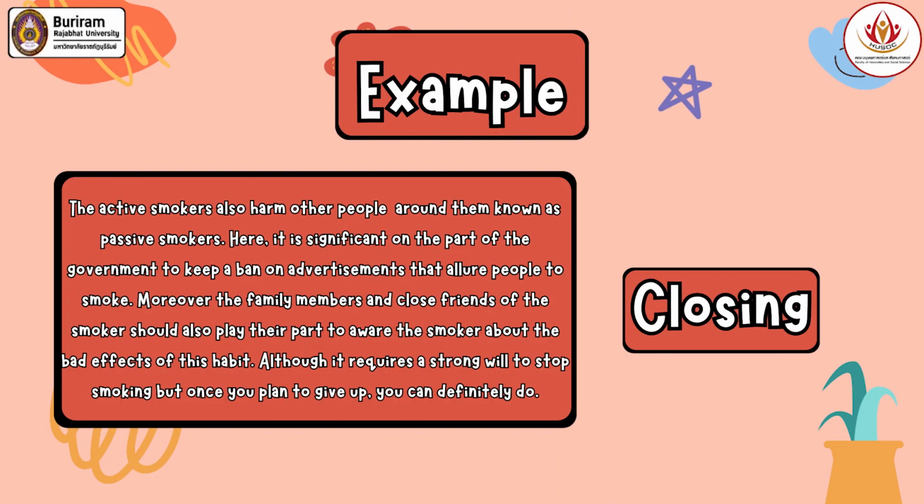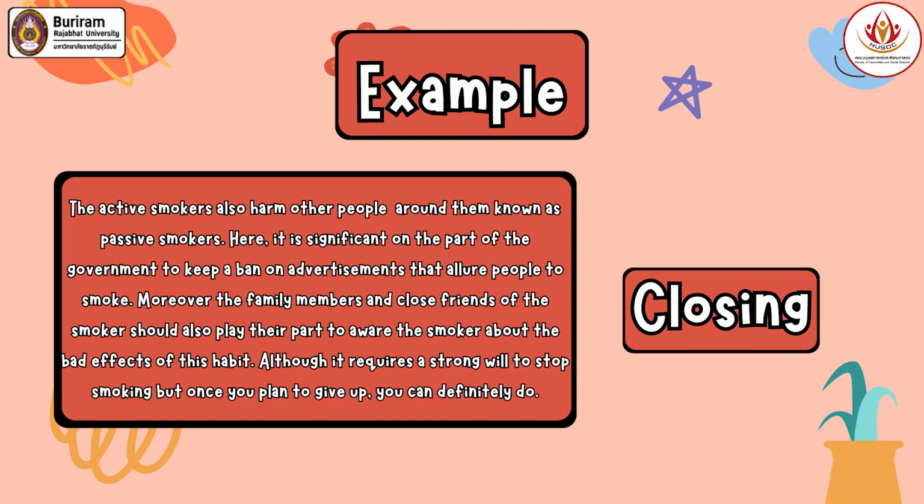Lastly, this is our closing. An example of a closing of our informative speech is, the active smokers also harm other people around them, known as passive smokers. Here, it is significant on the part of the government to keep a ban on advertisements that allure people to smoke.